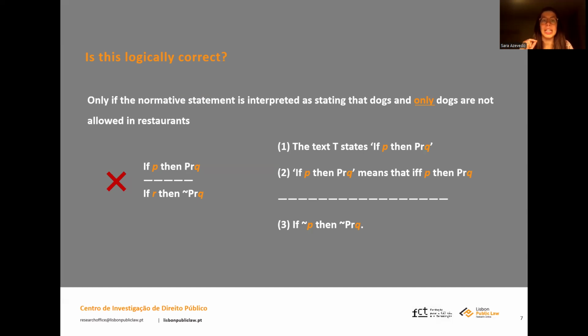And this premise basically says that when we have a text that says that if P, then it is prohibited to enter restaurants, this text should be interpreted. This text means that if and only if P, if and only if there is a dog, then it is prohibited to enter restaurants. Through this second premise, we can derive that when we have a cat or no animal at all, there is a permission to enter restaurants.